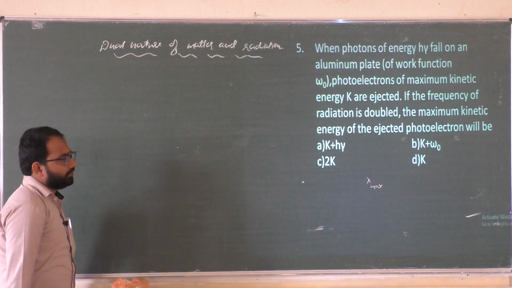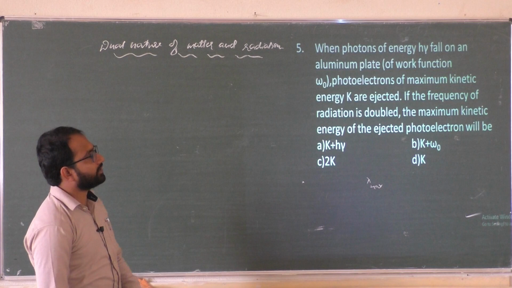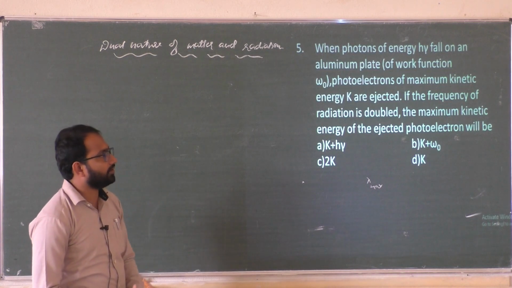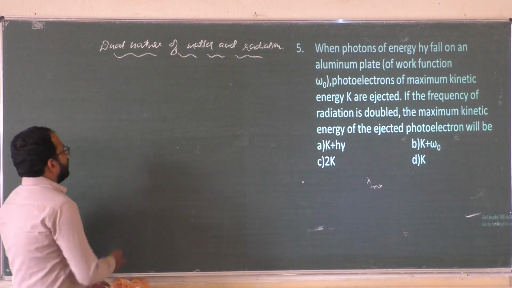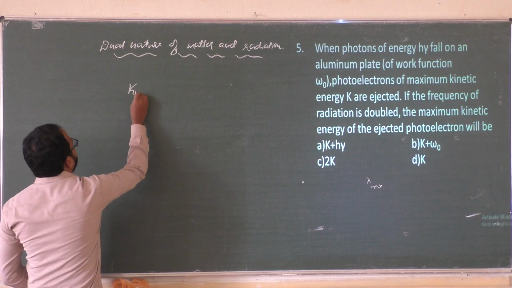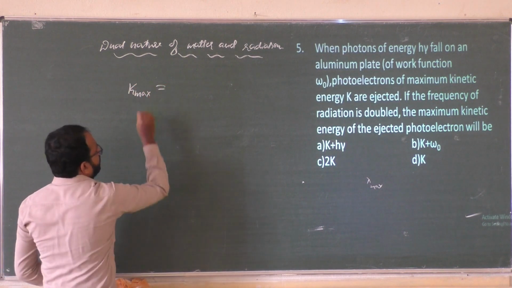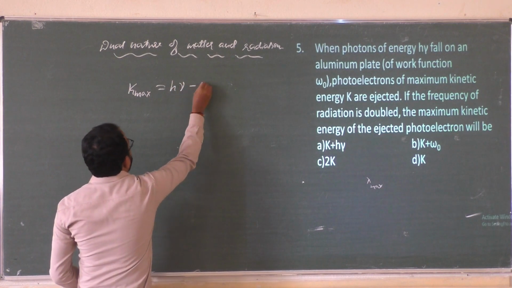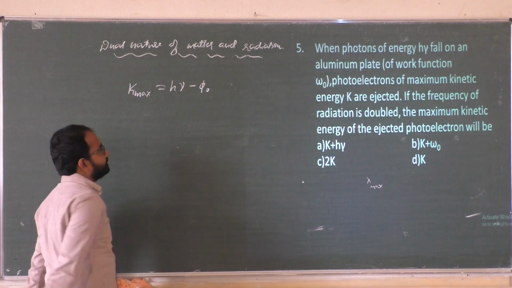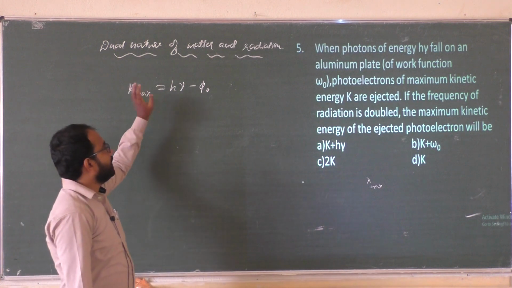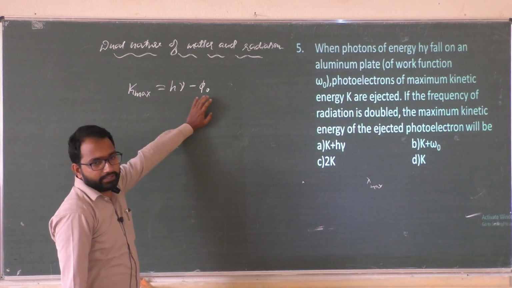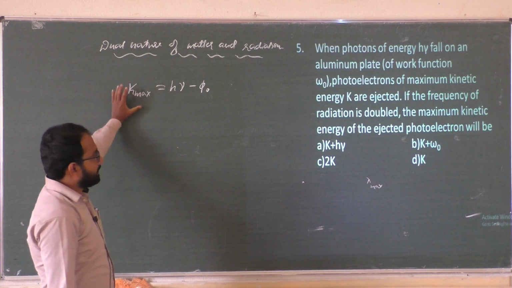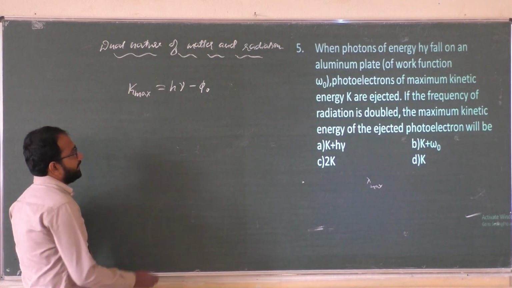Okay, so we use Einstein's photoelectric equation to solve this problem. K maximum is equal to h nu minus phi naught. h nu is the energy of the incident photon, phi naught is the work function, and K maximum is the maximum kinetic energy of the emitted photoelectron.